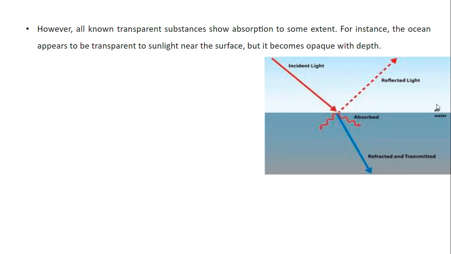So in this case, sunlight is coming from air and entering into the ocean. So there is a change in medium, and the next medium, which is water, is highly dense as compared to the air. So the refracted light is going to be decreased in angle with the normal.